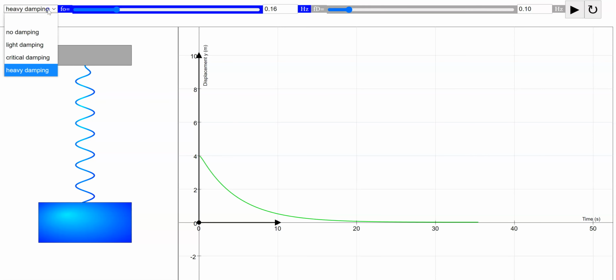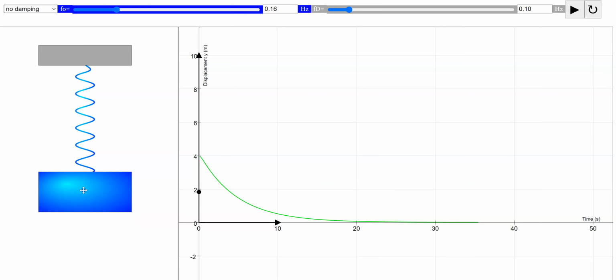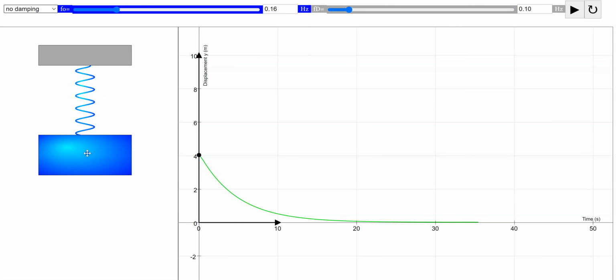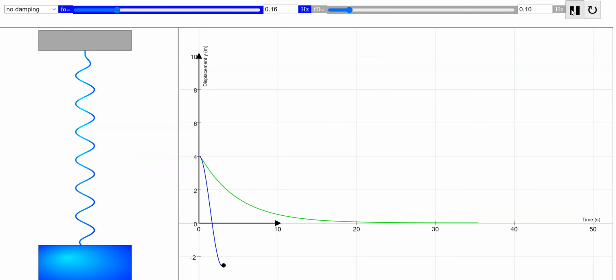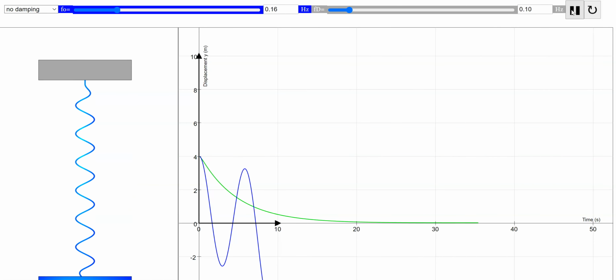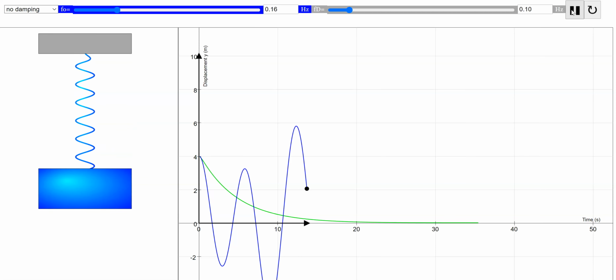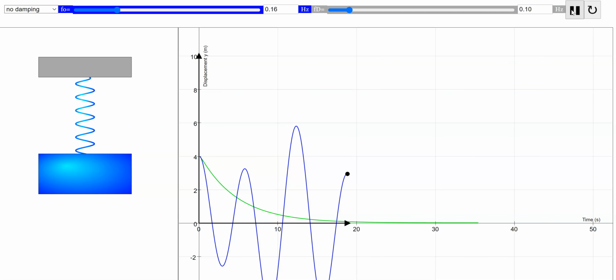Now I'm going to move to the no damping case and put my object back over here, and let's see how the oscillations are going to look. You see that the oscillations do not have the same amplitude.